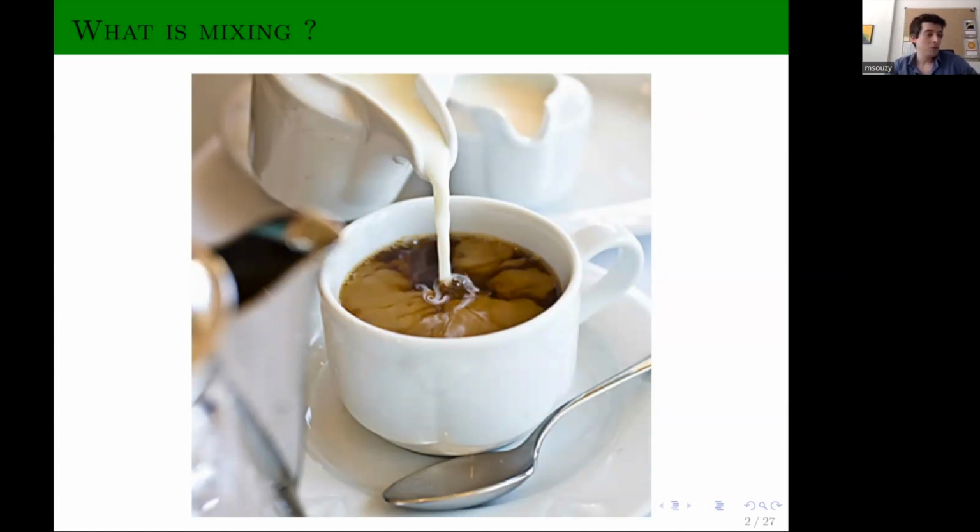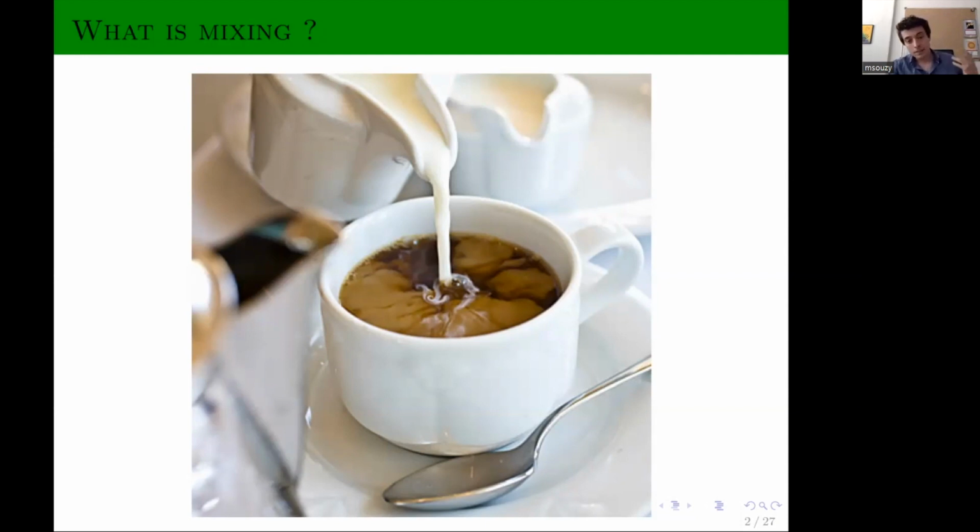And what you want is to get your milk mixed with the coffee. And typically what you will do is take your little spoon and start to stir it within the cup. Because in the end, what you would like is to have the milk homogeneously distributed within your coffee.